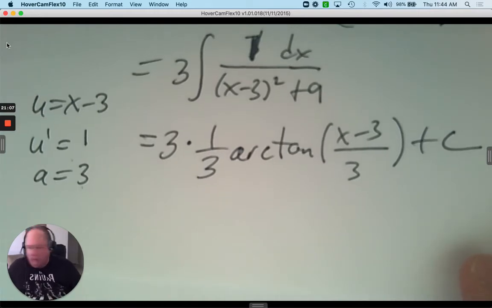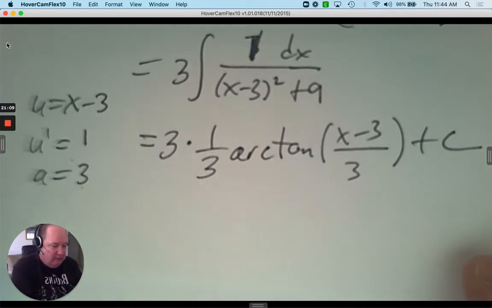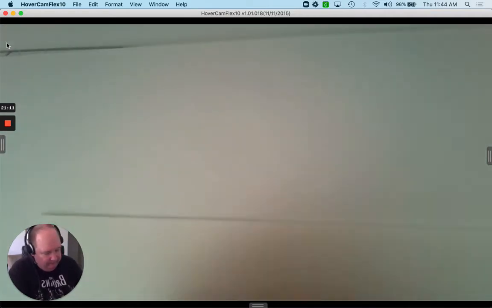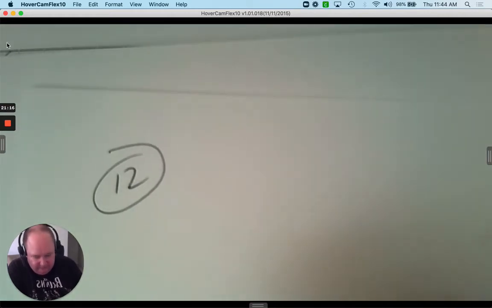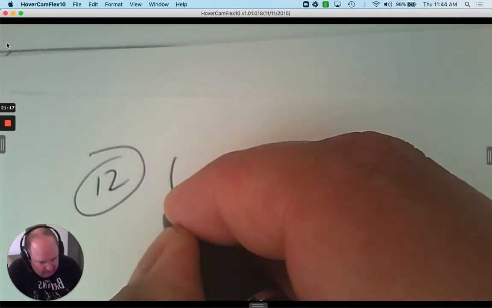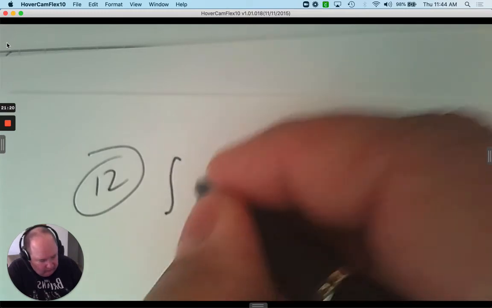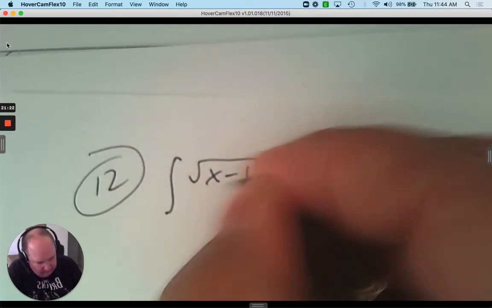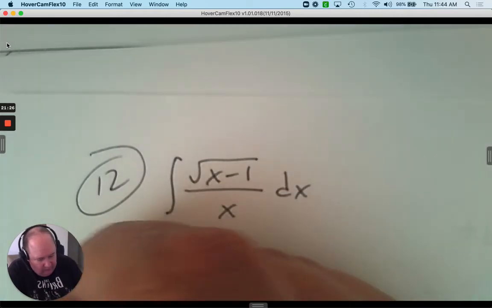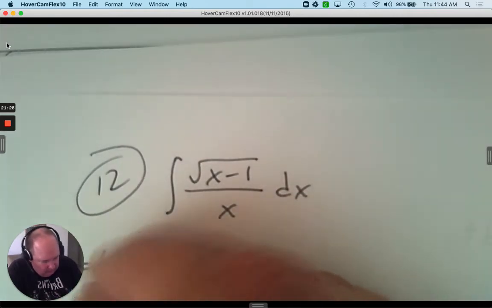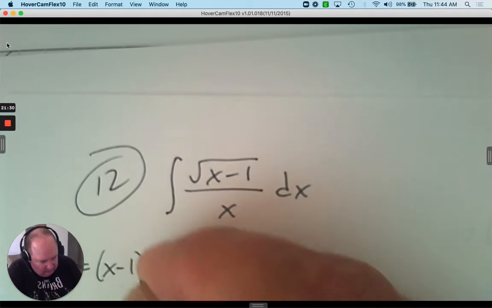Number 12. And then we're going to practice derivatives. So for number 12, it says you have to do a u substitution. So we're going to let u equal the square root of x subtract 1.